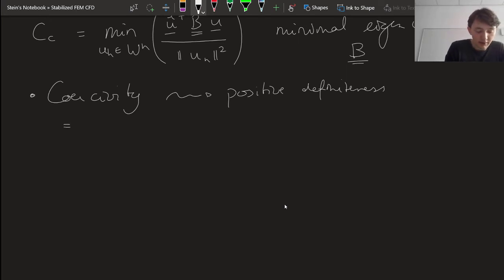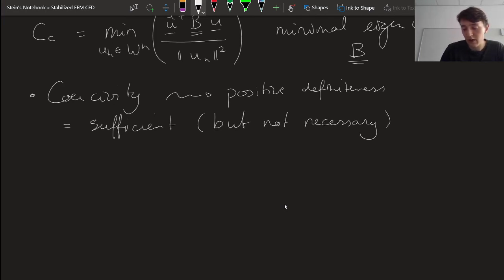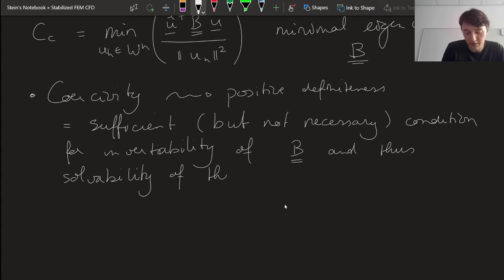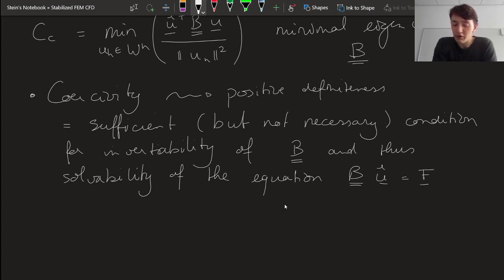And positive definiteness is a sufficient, but actually not necessary, condition for invertibility of B. And thus solvability of the equation b times u is equal to f.